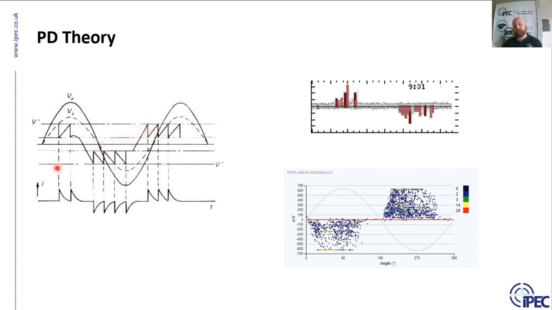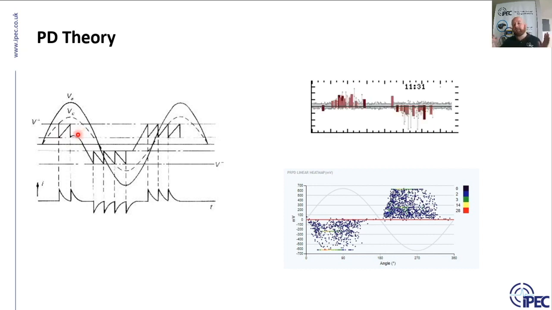What happens is, as the energy in the power cycle is increasing, so my laser pointer is much easier to demonstrate this. As the energy in the power cycle is increasing, the stress across that defect is also increasing until eventually it reaches that breakdown point, and then it indeed breaks down. Now the energy in the power cycle is still increasing, and so again we'll get a recharge and a breakdown, recharge and breakdown.